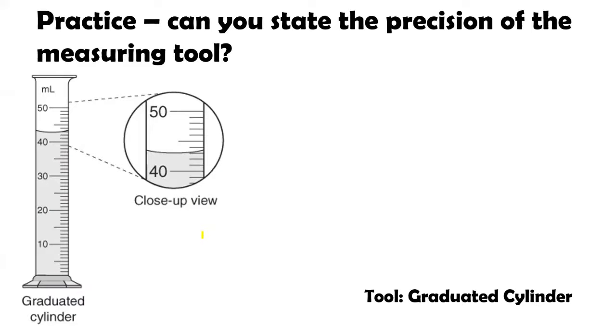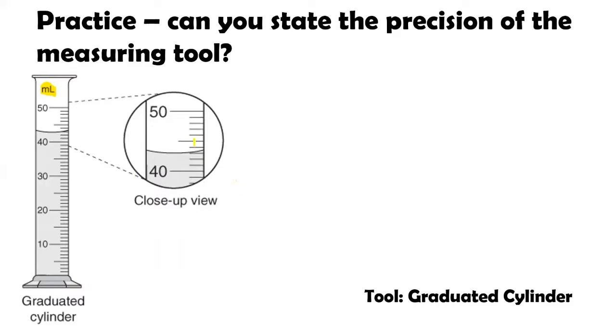Here's a graduated cylinder. You've used these in chemistry to measure volume in milliliters. Notice we have the units up here. If we look at a close-up view of this, we have 40 and 50 milliliters, and then we have further divisions between those.